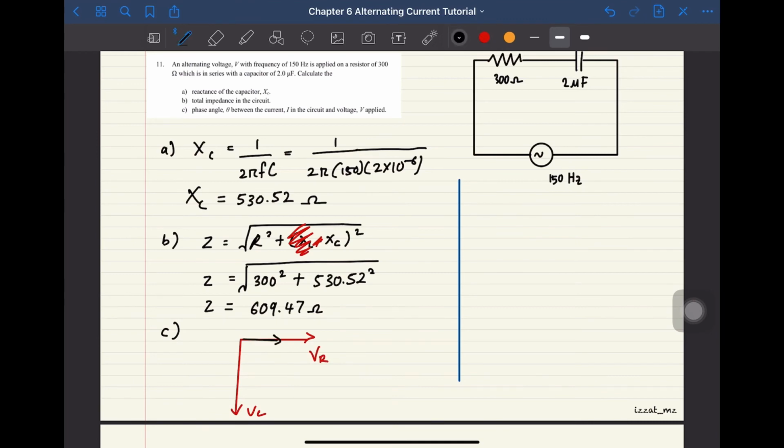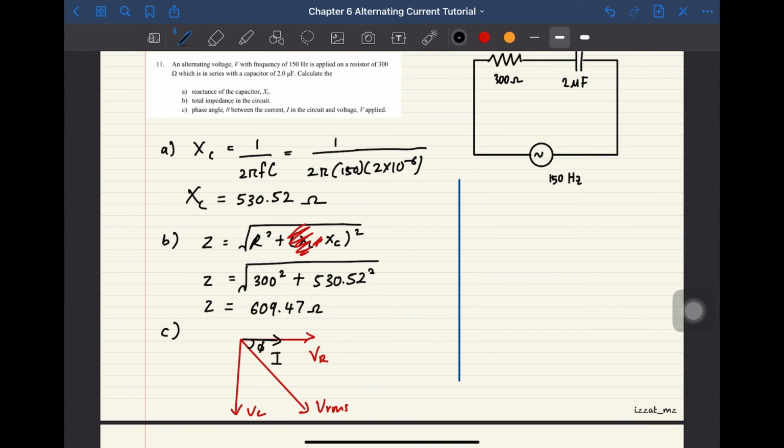I will be in this direction. Okay, so VRMS should be somewhere over here. If you draw, you get some idea what you will be calculating. If not, then you basically just calculate. You still get the answer, but most of you don't understand.